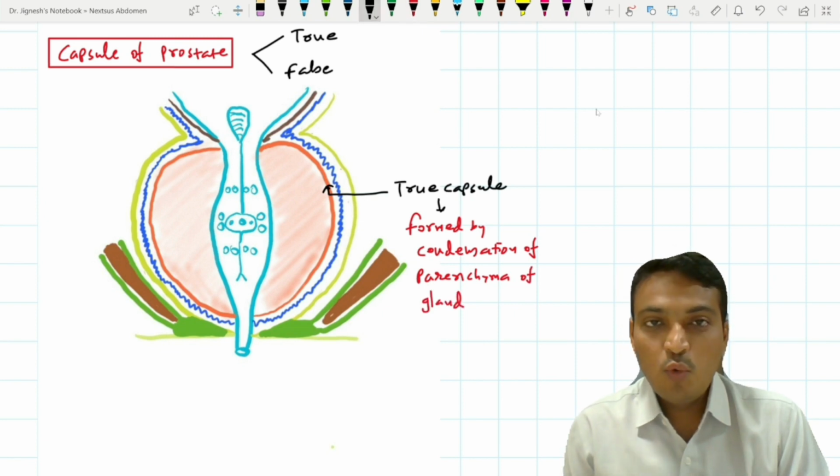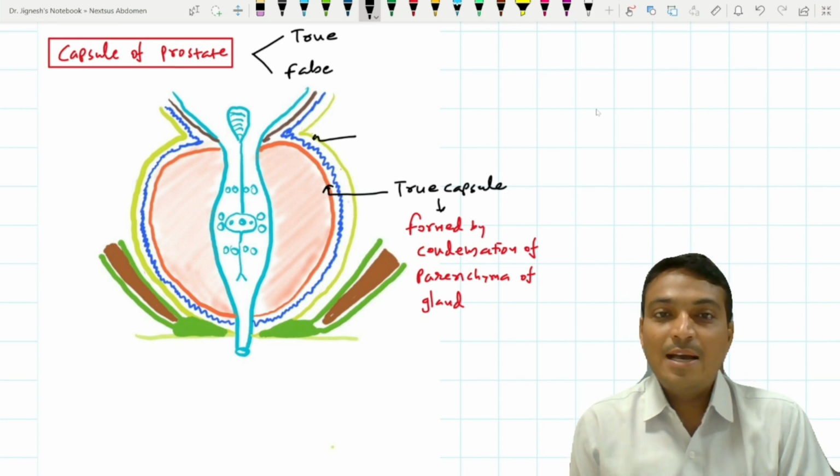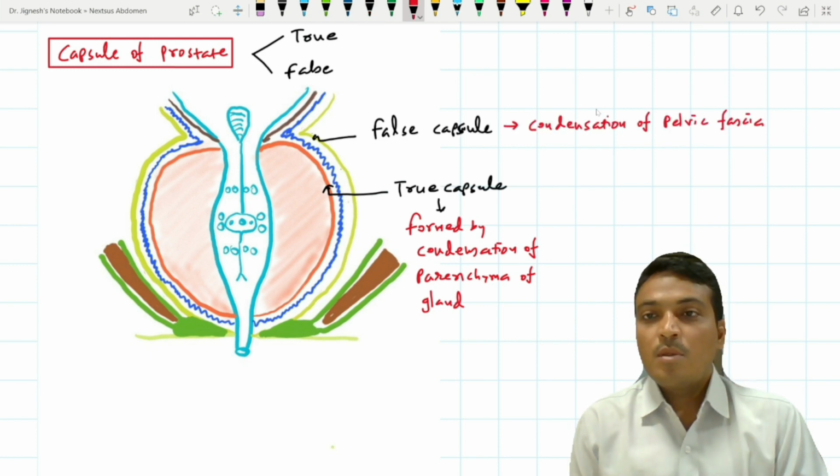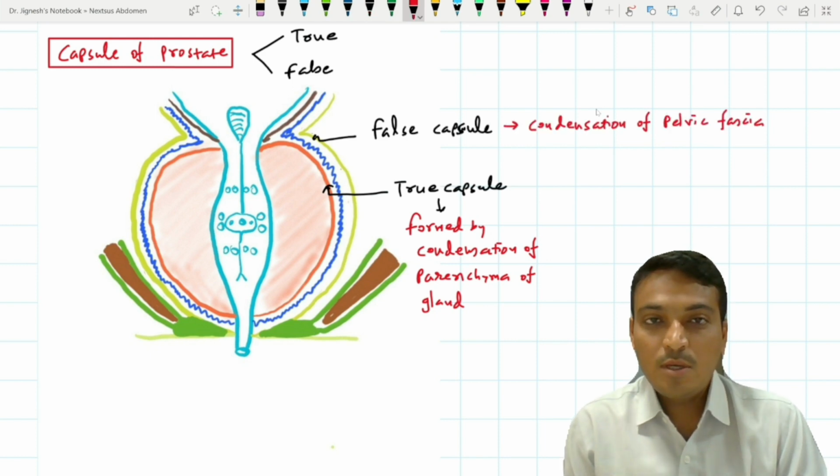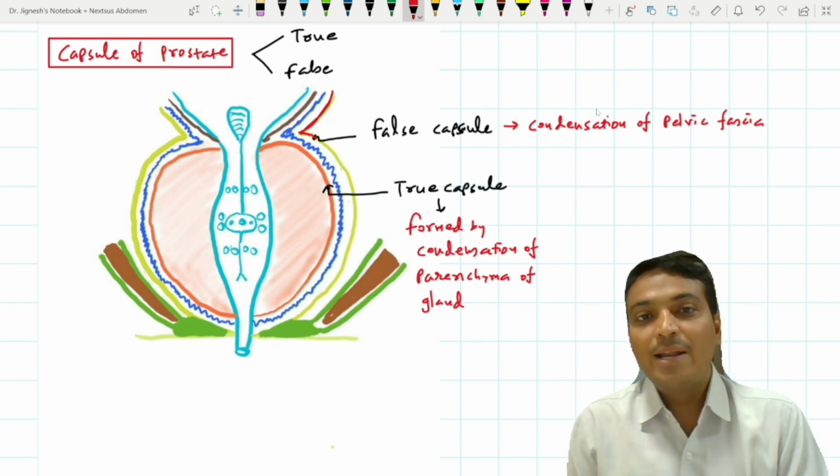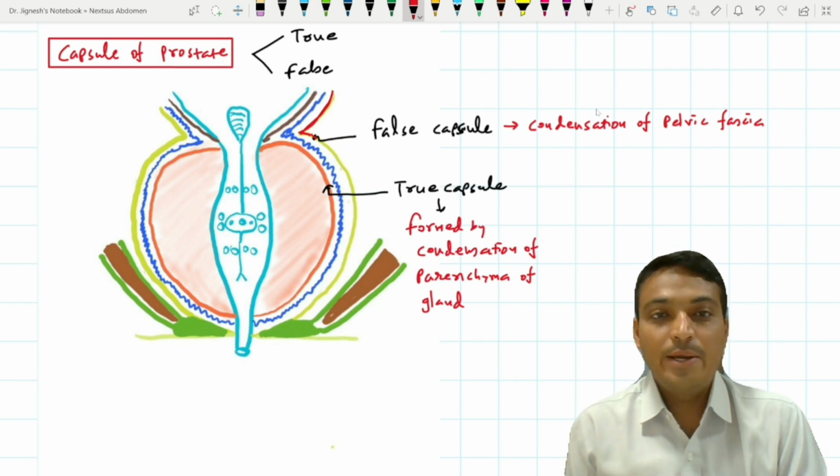And the second capsule, which is situated outside the gland, is formed by the pelvic fascia, and that one is the false capsule. This false capsule is continuous with the false capsule of the urinary bladder and encloses the bladder and the prostate in the same compartment.